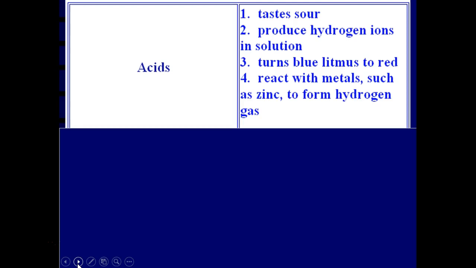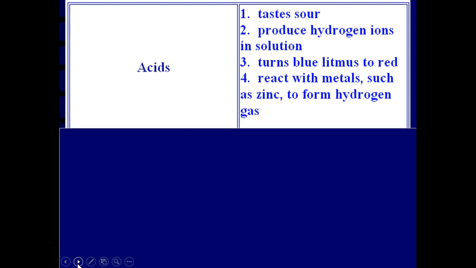One remarkable thing about acids is that they are incredibly reactive with metals. In fact, when you mix an acid, usually a strong acid, with a metal that has been ground up in powdered form, they will often react vigorously and produce hydrogen gas.